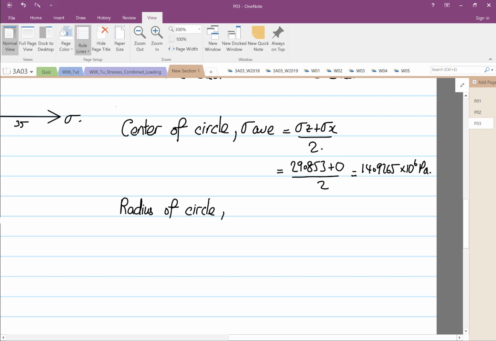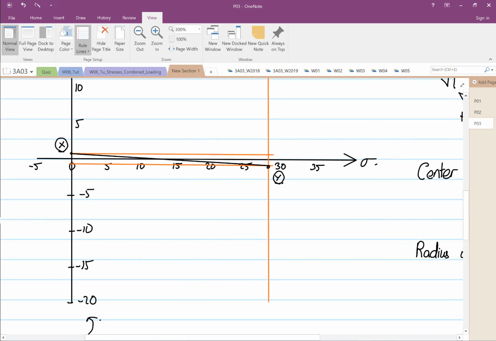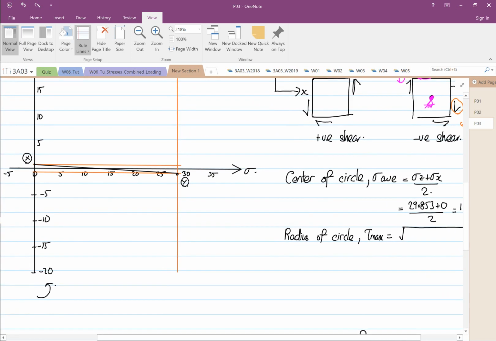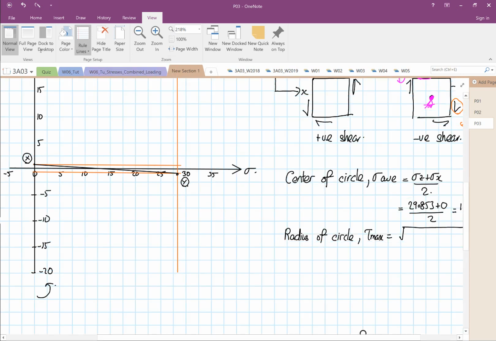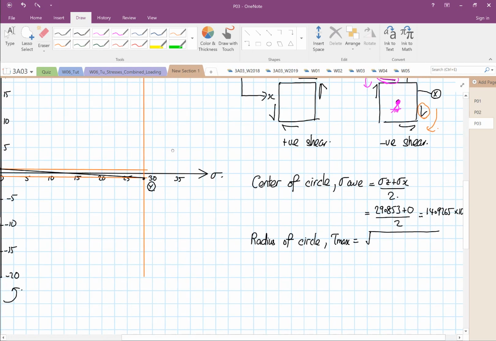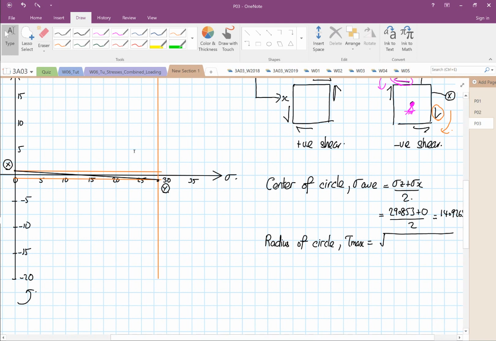Then we can find the radius of the circle, which is equal to our tau max. What we are trying to find here is where our stress average is. It's 14.9265, so it's close to 15.